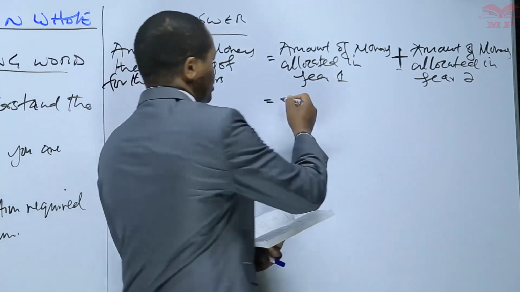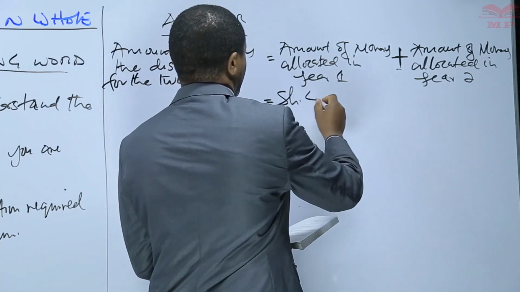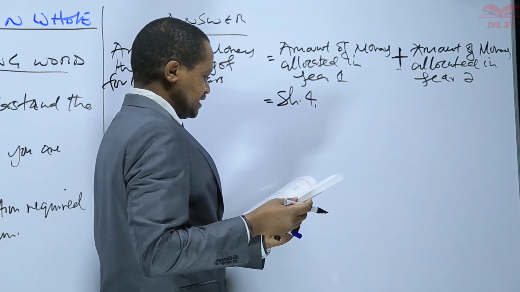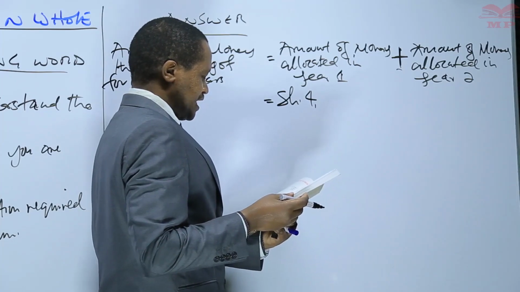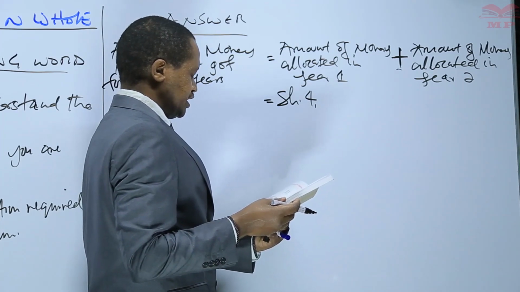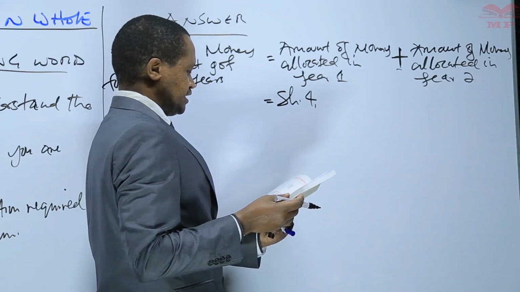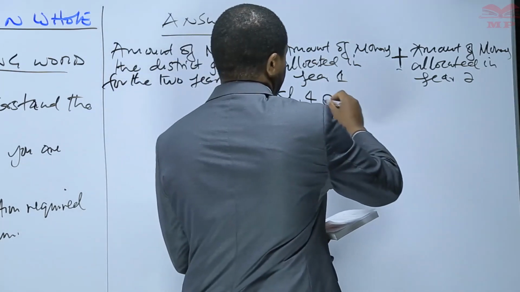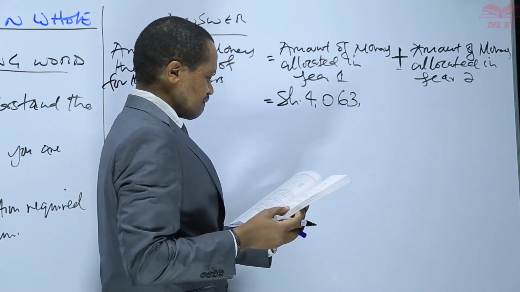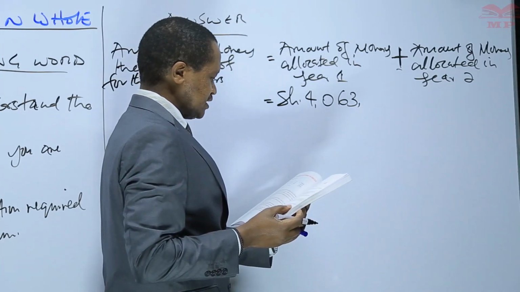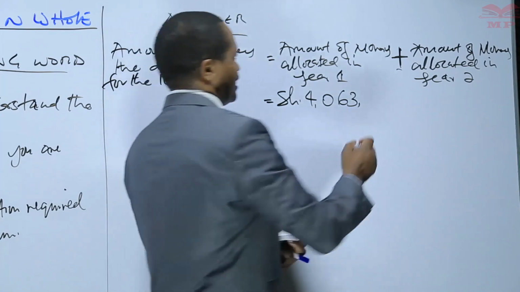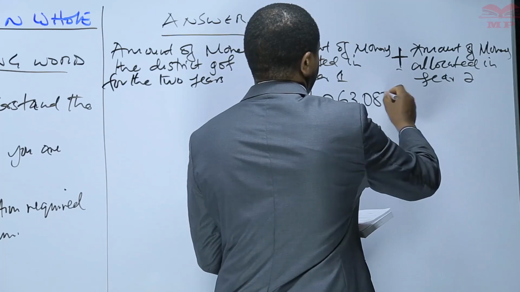So I'm going to add, this is money, 4 million, 63,087 shillings.